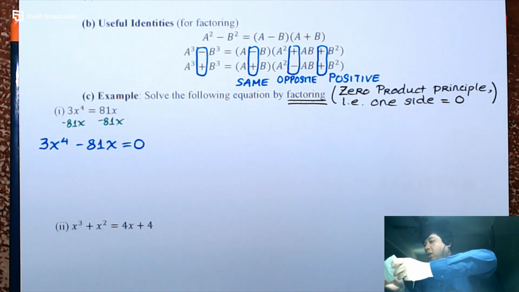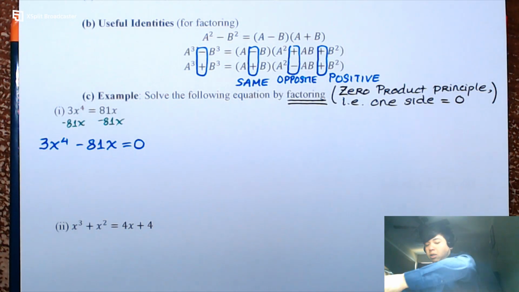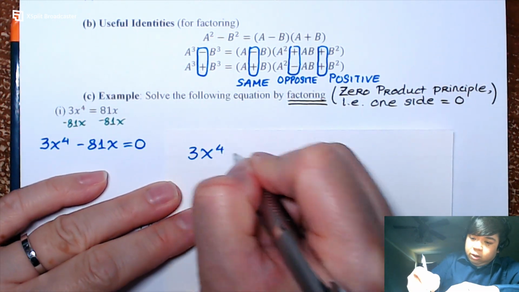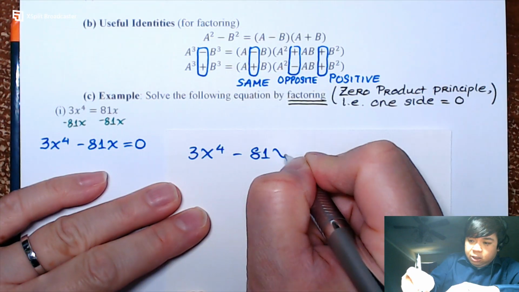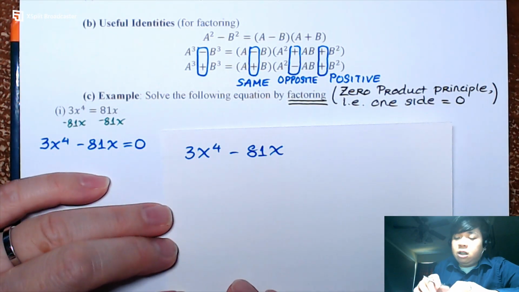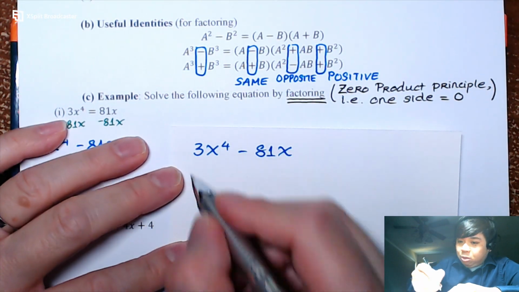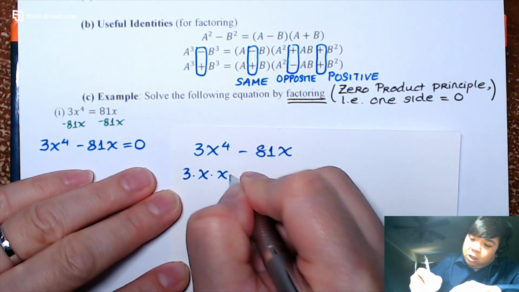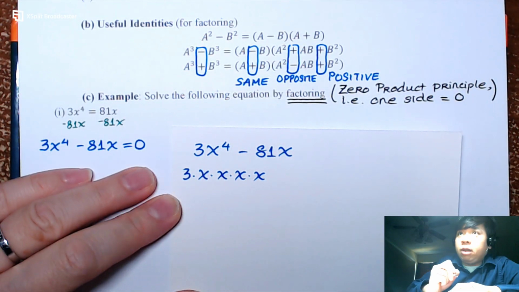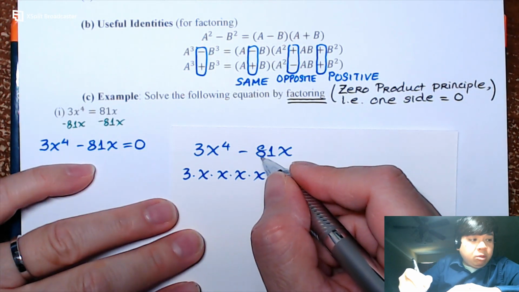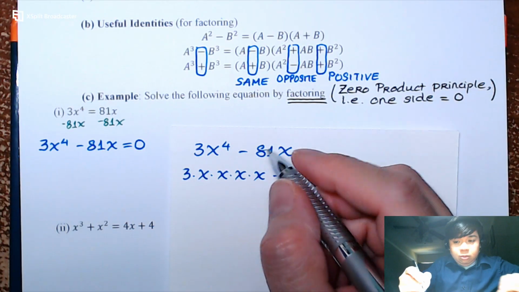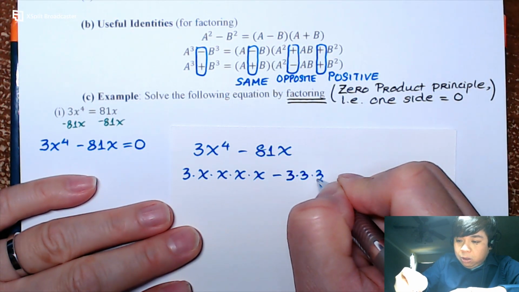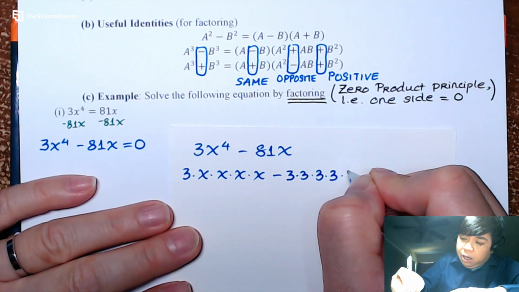On the factoring, we have 3x to the fourth minus 81x. I'm just going to spell out the product. 3 times x to the fourth is 3 times x, 1, 2, 3, 4. And 81 is 3 to the fourth, 1, 2, 3, 4, and then x.